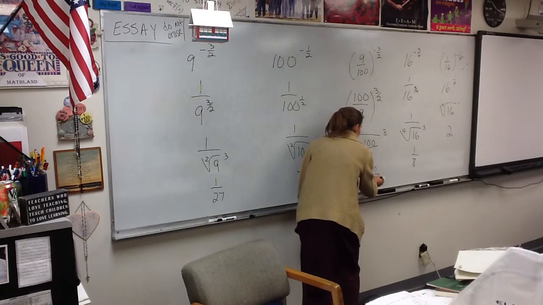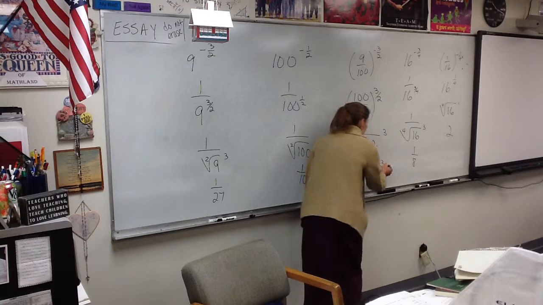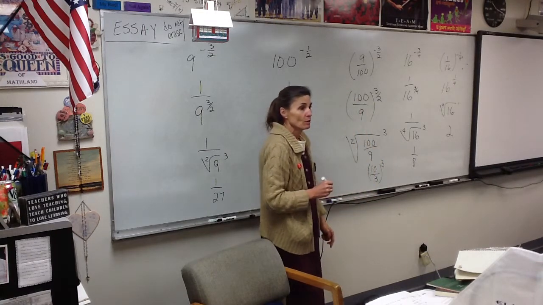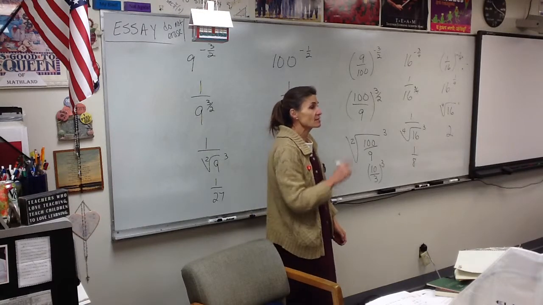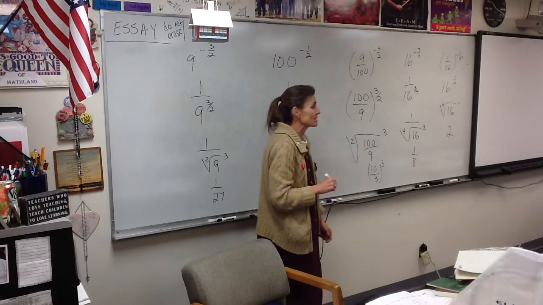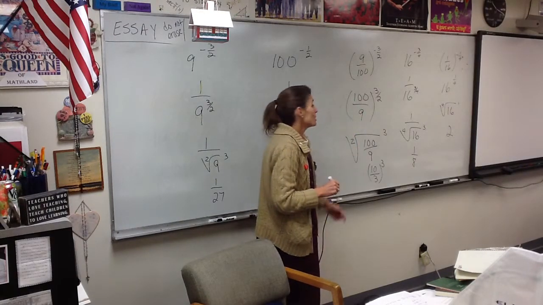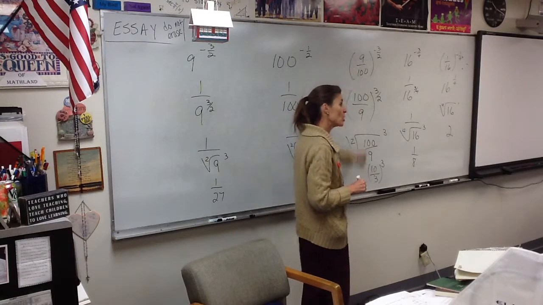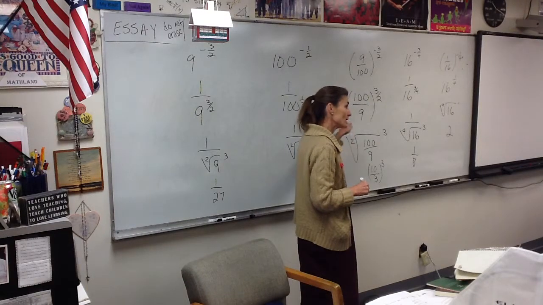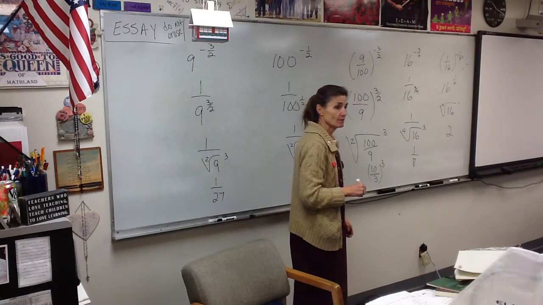The square root of 9 is 3, and I have to cube that. So 1,000 over 27 is the correct answer. Now, you do not need a calculator for that. There is no big arithmetic in that. You can handle that without a calculator. Right?